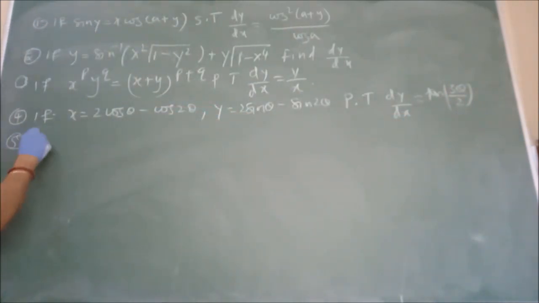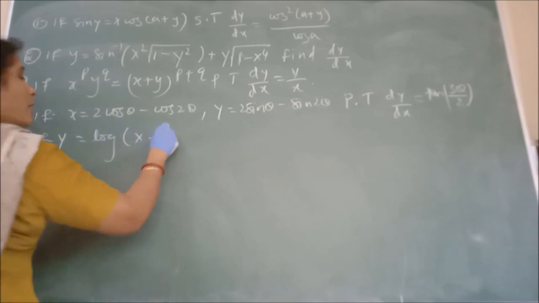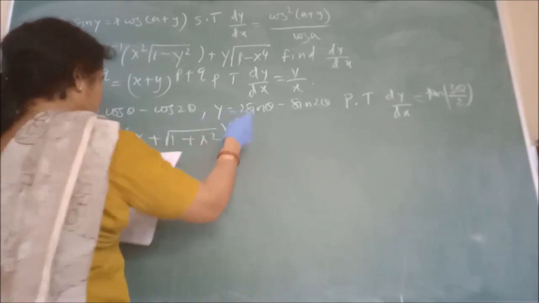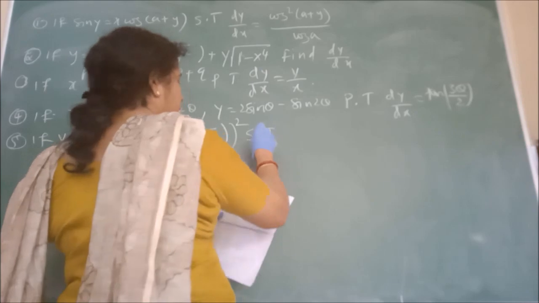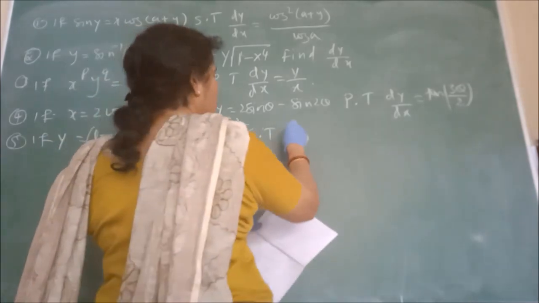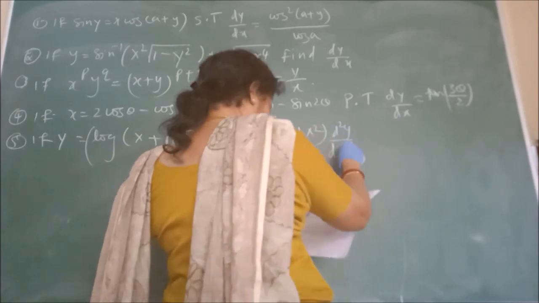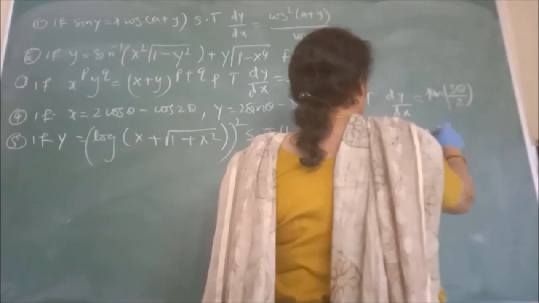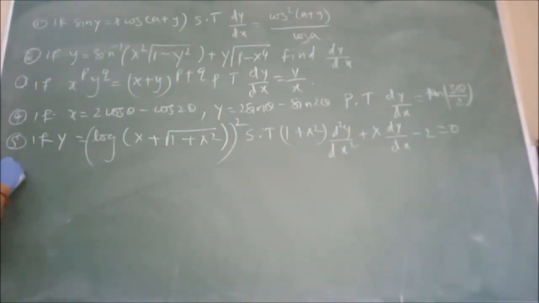Question number 5. If y equals (log of x plus under root of 1 plus x square) whole square, then show that (1 plus x square) into d square y by dx square plus x into dy by dx minus 2 equals 0. Now next, question number 6.